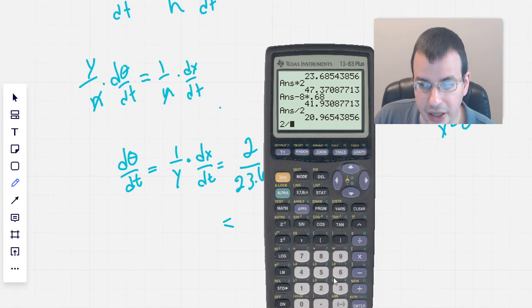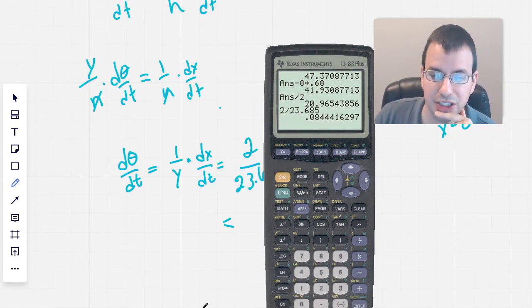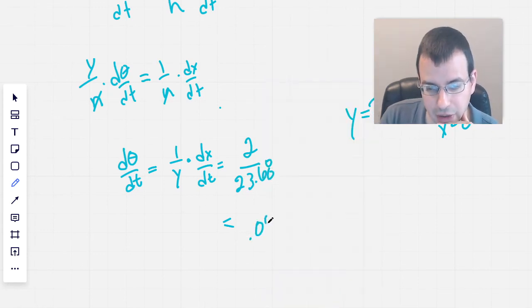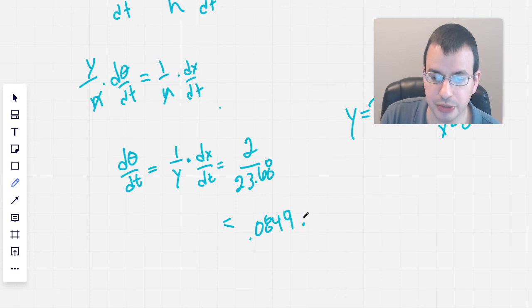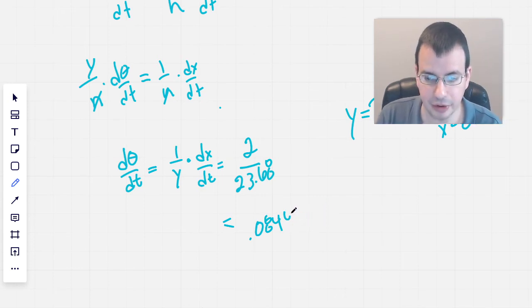2 divided by 23.68, maybe 0.0844, and this will be radians per second.